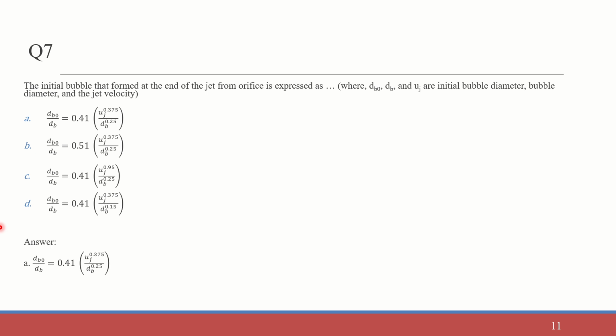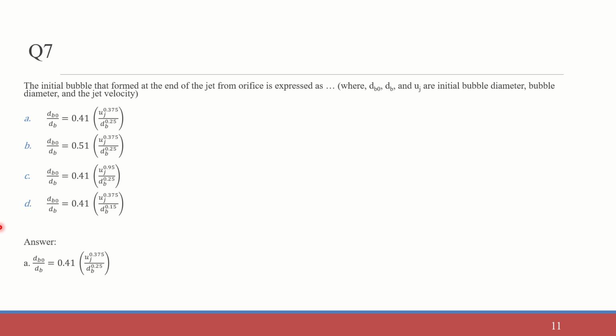Here we asked the question relating to how the initial bubble would be formed. In that, dB naught is equal to dB into 0.41 into Uj power 0.375 divided by dB power 0.25 is also the way to write.